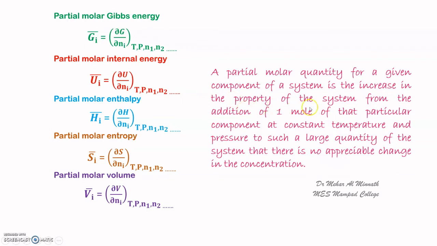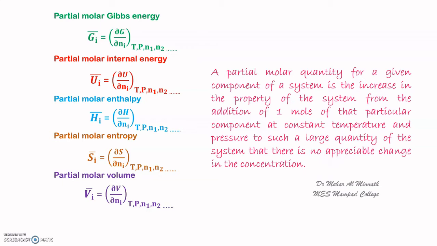So here we are mentioning the increase in the property of the system from the addition of 1 mole of that particular component. You are increasing component A. Then what will be the change in G? That is what is shown by the partial molar Gibbs energy. You keep all other components' concentrations constant, and also the temperature and pressure constant.